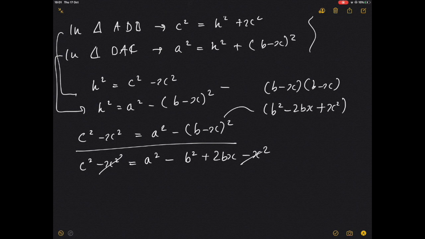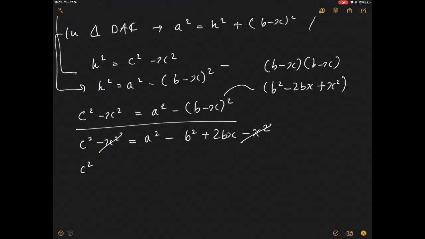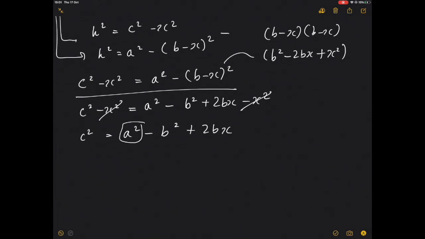That means we can cancel the x squared terms on this side, so c squared equals a squared minus b squared plus 2bx. Maybe we put this in terms of a and tidy it up a little bit, so a squared equals b squared plus c squared minus 2bx. But we've got this x and we don't know this x.